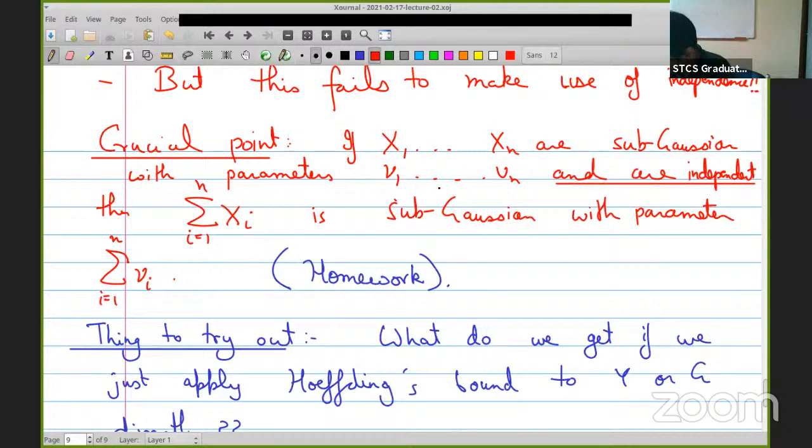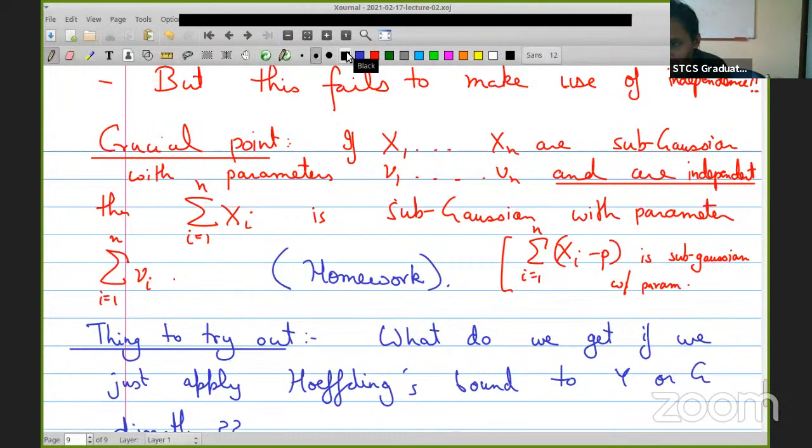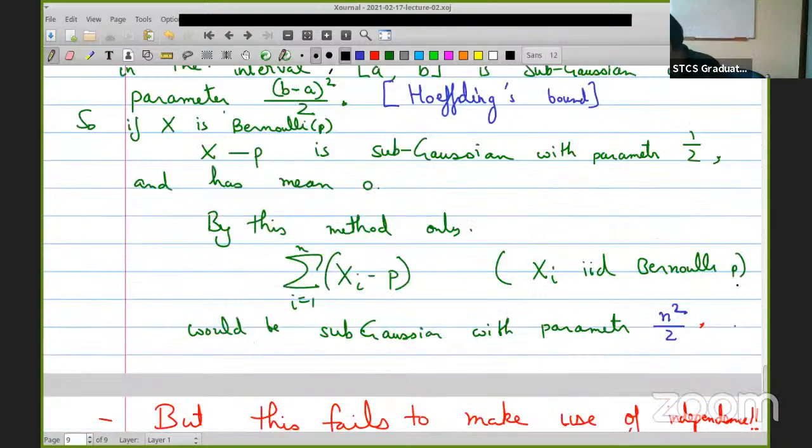So for us, this would mean that the summation of xi minus p is sub-Gaussian with what parameter? n by 2. Yeah. So the crucial point is that it's n and not n squared.